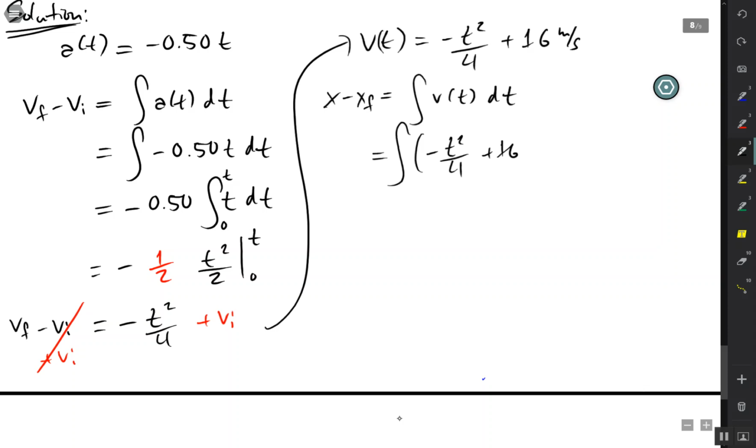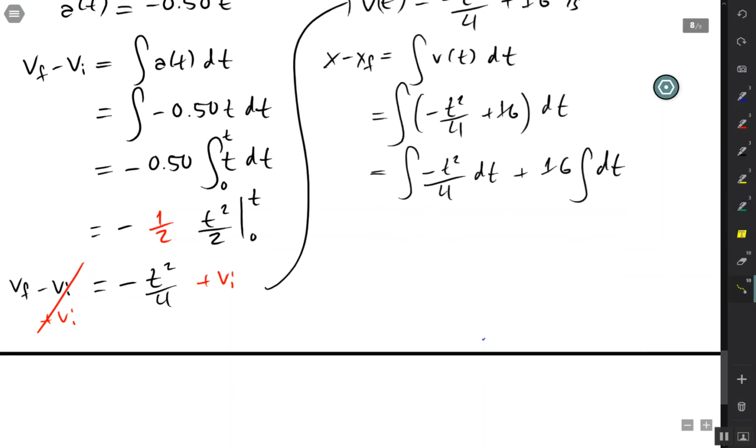I'm not going to write the units this time. Now take note, there are two terms here, that and that. So I can split them as per your rules for integration. One step at a time. Check that out, there's not even a t there.